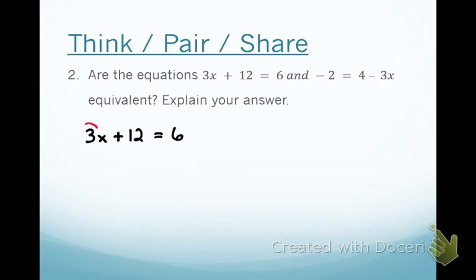Very good. Yes, these are best friends, so we're going to keep the 3 and x together. Good job. We'll subtract by 12 on both sides. This cancels out. We're left with 3x equals, Jonathan, what's 6 minus 12? -6. How do I get that x by itself?